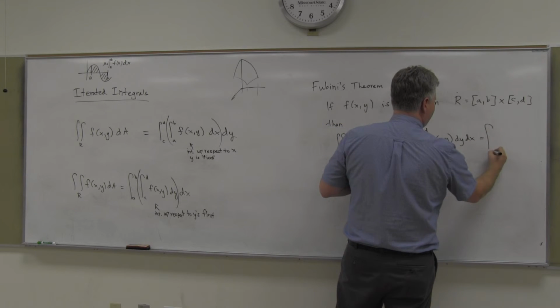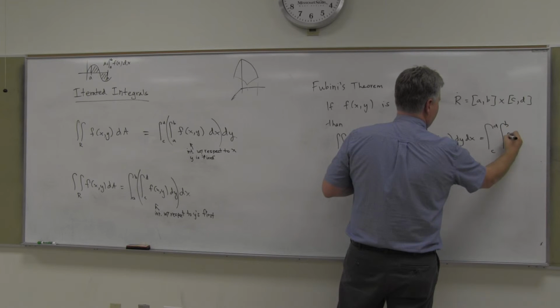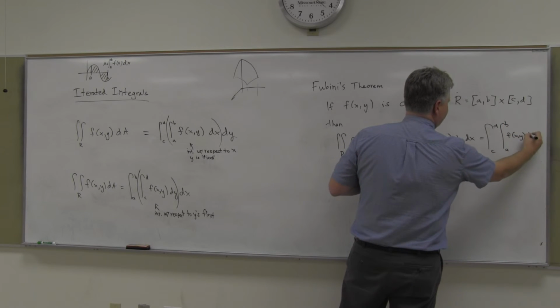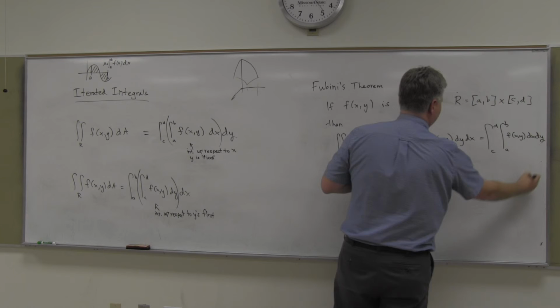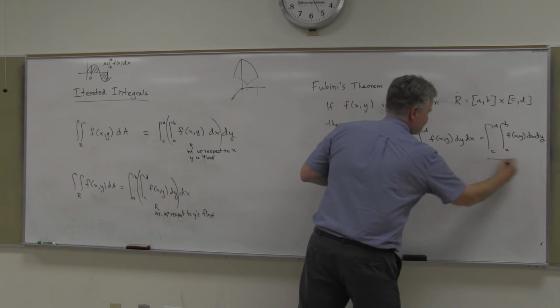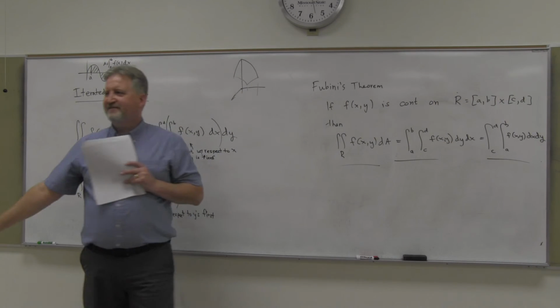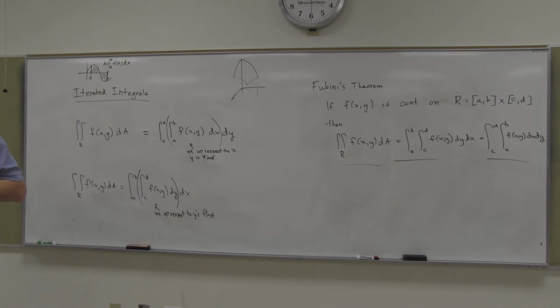But that also equals the integral from c to d, then a to b, of f of xy, the x's first, then the y's. Fubini's theorem says it doesn't matter. You can do it either way, and you get the same exact value.